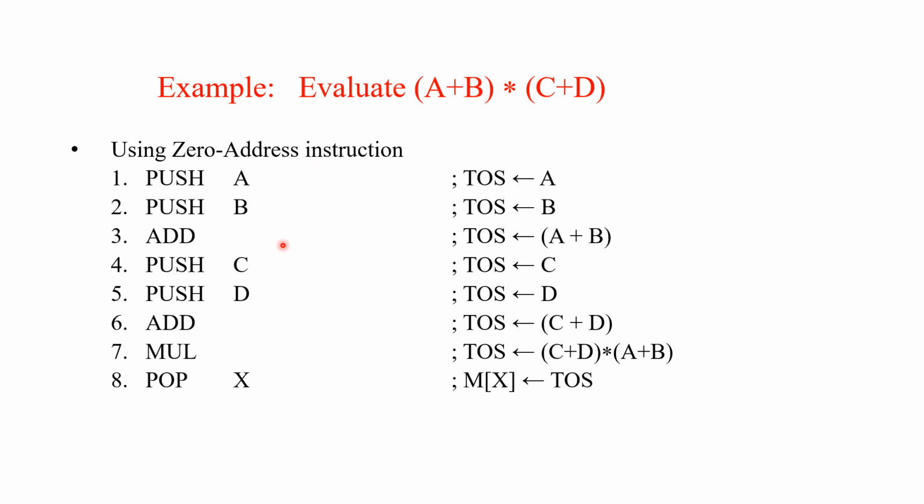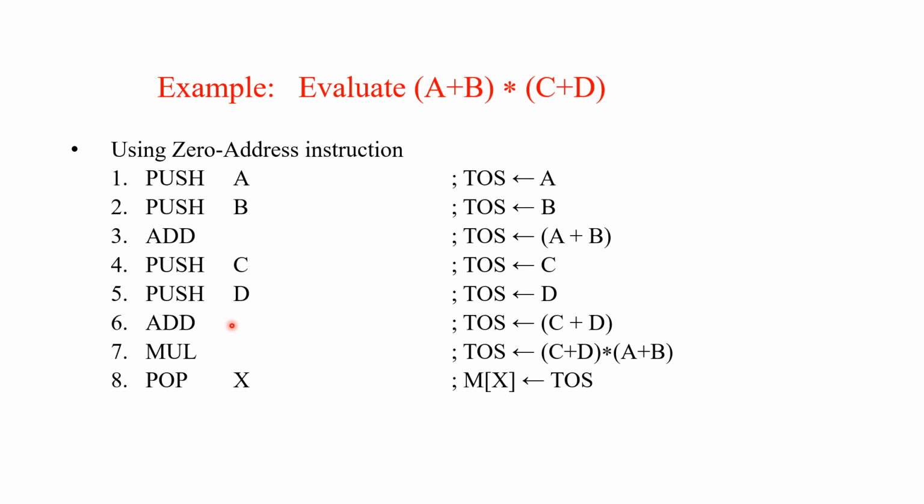Push A: push A onto the stack. Push B onto the stack. Add: pop the top two elements A and B, add them and push the result back onto the stack. Push C onto the stack. Push D onto the stack.